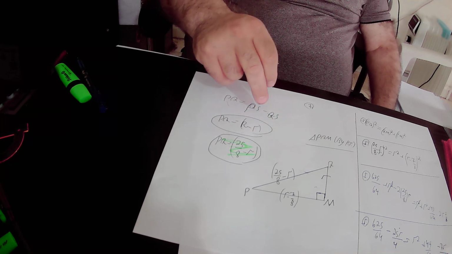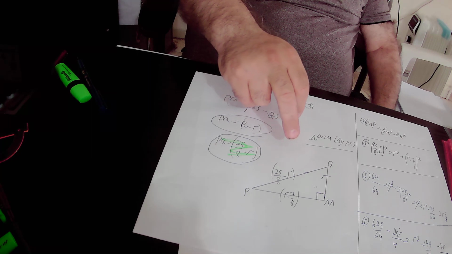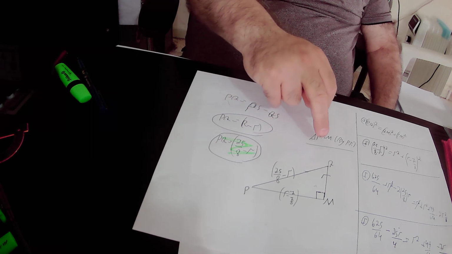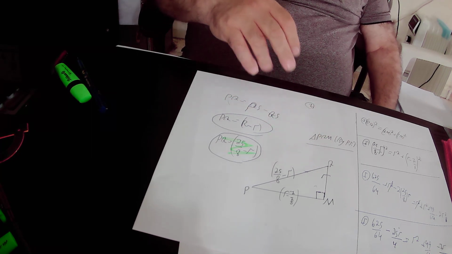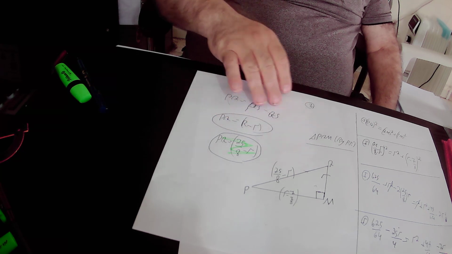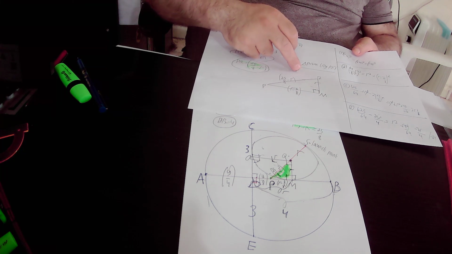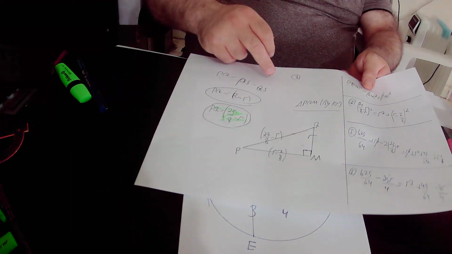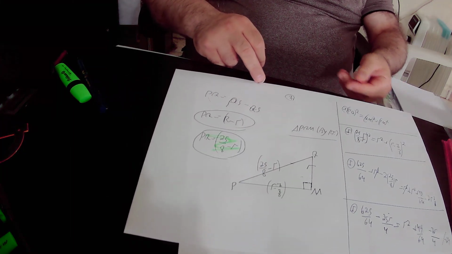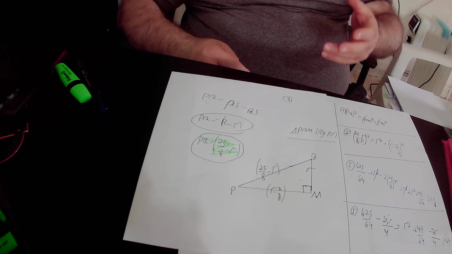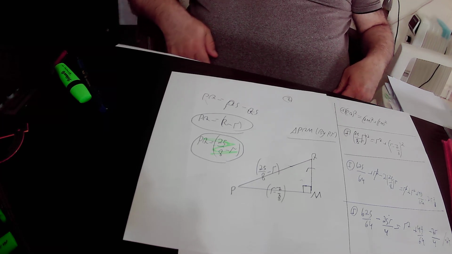We've already found out that PM equals small r minus 7/8, and QM equals small r. So copy the right triangle PQM here, the green right triangle PQM, into this new page, and apply the Pythagorean theorem in this green right triangle. Here the square of the hypotenuse equals the sum of the squares of the perpendicular sides.